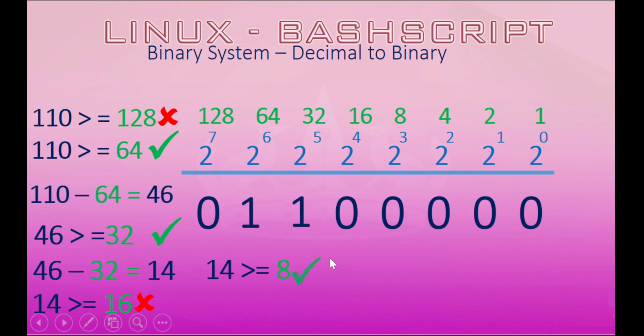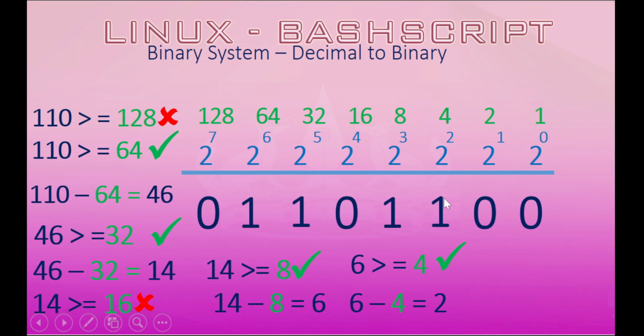So we do 14 minus 8, and of course I need to place 1 over here, right? 14 minus 8, you get 6. 6 is also greater than the number below 8, which is 4. So we can do 6 minus 4, right? 6 minus 4 equals 2, and of course I need to flip the bit here to 1.